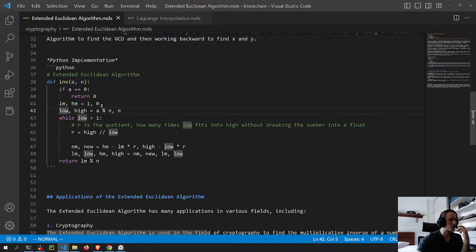It is using this as the boundaries and updating the boundaries until it gets to the remainder of 1 or 0. I don't understand this part here. NM new LM low.